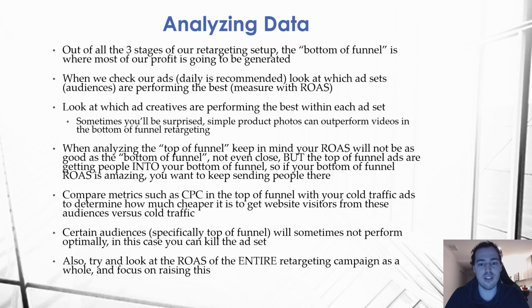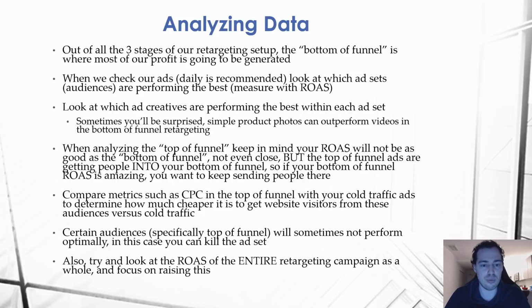So we're going to be checking our ads and looking at the ad sets and the audiences to see which ones are performing the best, and we can measure this very easily by looking at the return on ad spend. Since it's retargeting, a lot of these should be pretty profitable, especially at the bottom of the funnel. Each bottom of the funnel audience is normally relatively profitable.